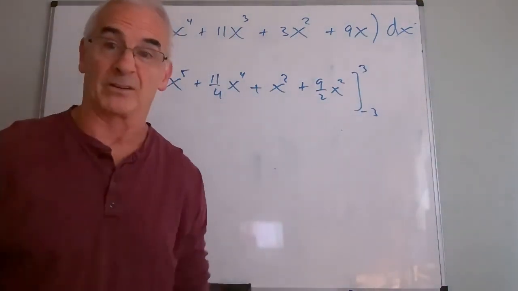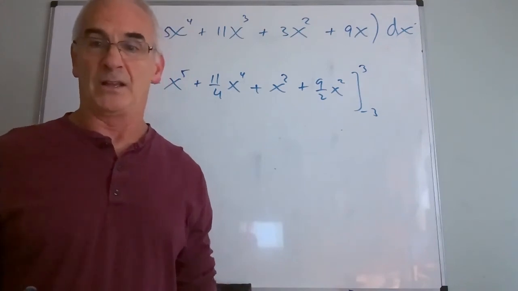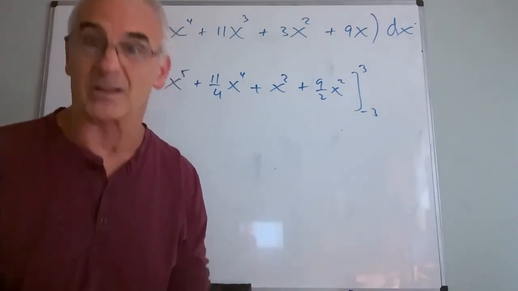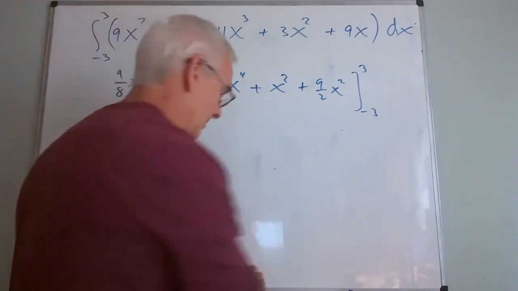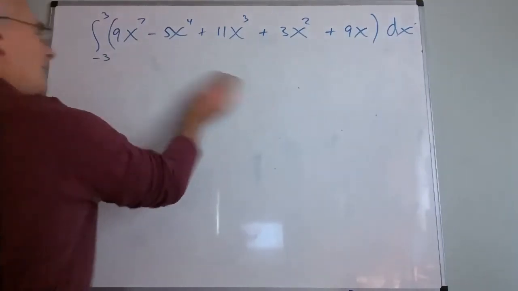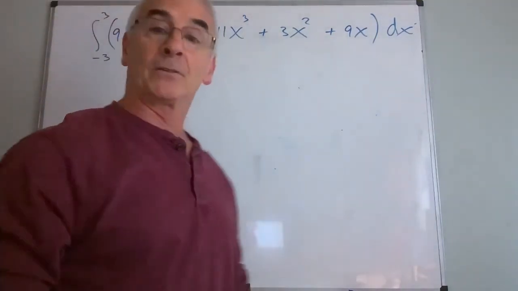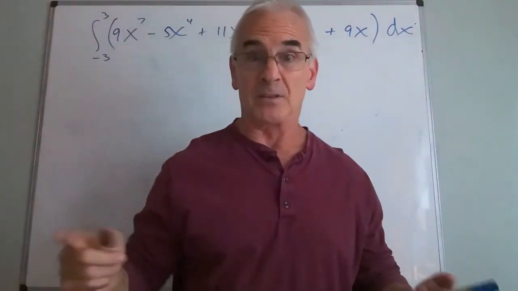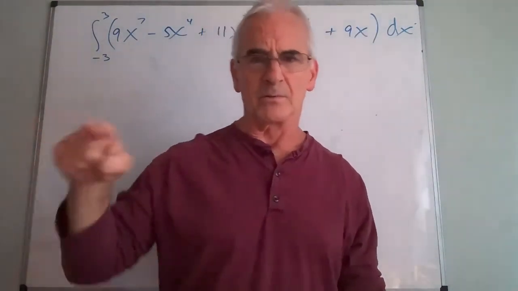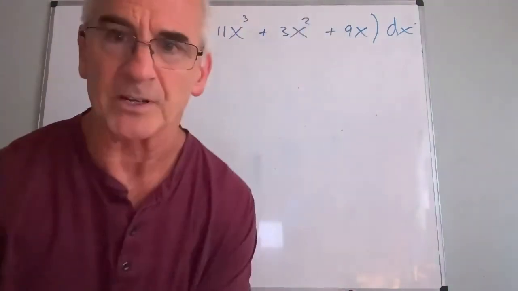I have a calculator, but this is going to take me a little while. I will do it correctly, but there's a lot of calculating, a lot of steps, and a lot of yucky fractions. Didn't we prove last day for definite and indefinite integrals that the integral of the sum is the sum of the integrals? Don't we know that? So when we're integrating, weren't we integrating one term at a time anyway?